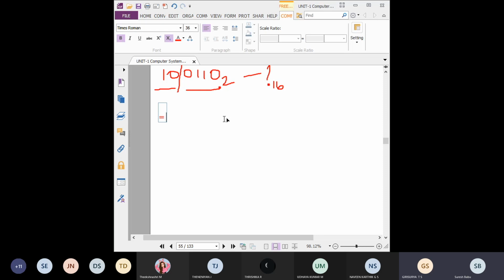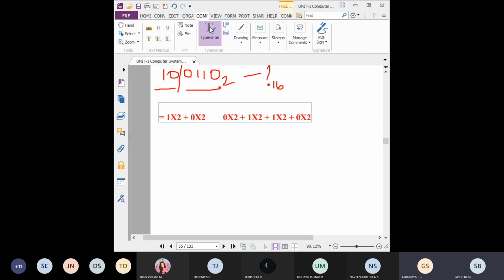So straight away you can give this 1 and 0. The next 4 numbers you have to give some space. 0 into 2 plus 1 into 2 plus again 1 into 2 plus 0 into 2.